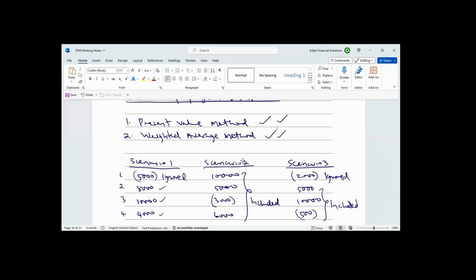Using the weighted average method, again there are three steps. The first is to determine the present value of each year. The second step is to calculate the weights of each year across all the relevant years. Step 3 is to calculate the project duration using the relevant formula.